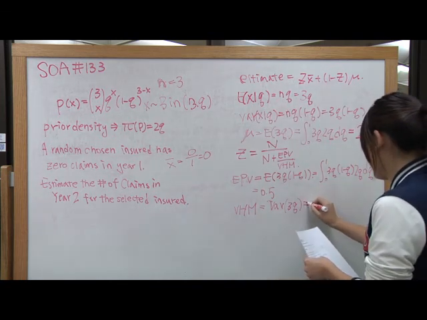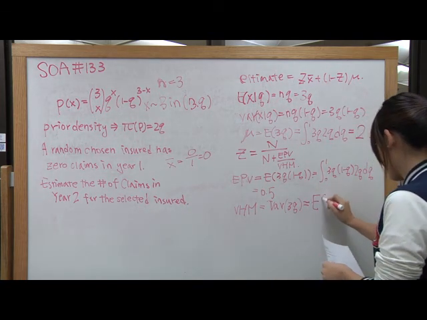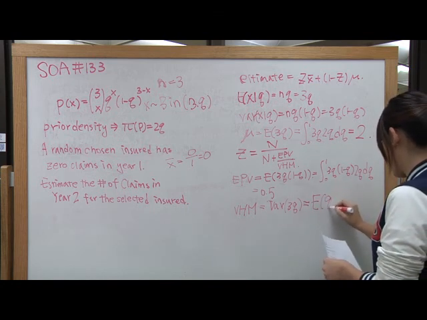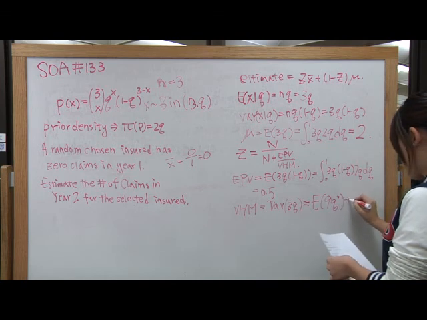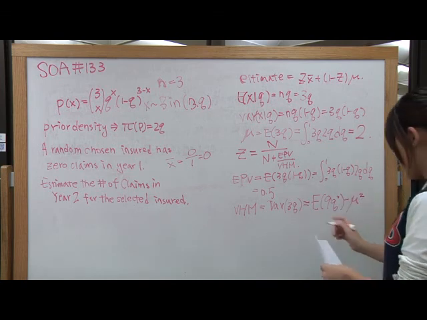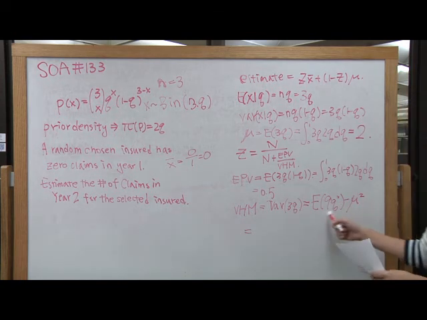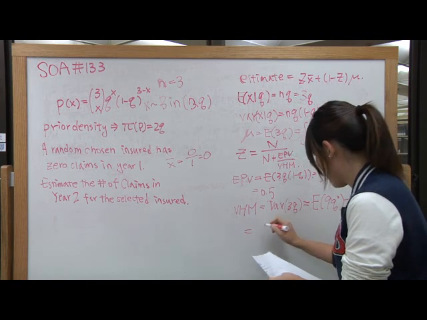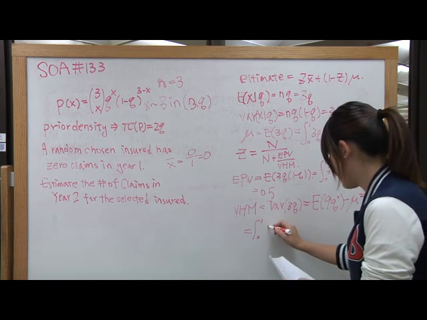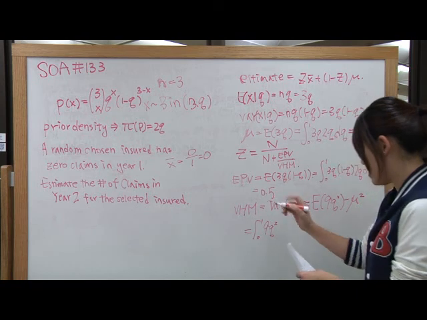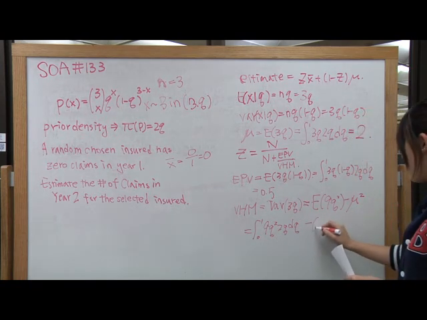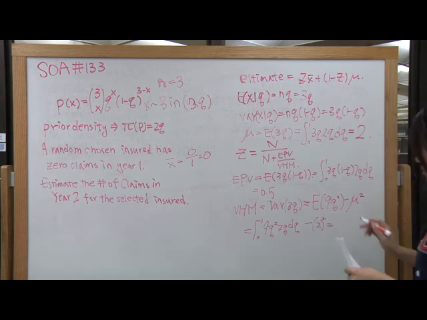It's actually the expected value of, if you spread this out, 9q squared minus mu squared. And we know mu, so we just have to find the expected value of 9q squared, which is the integral from 0 to 1 of 9q squared times the density function dq, and minus mu squared. And you will get 0.52.